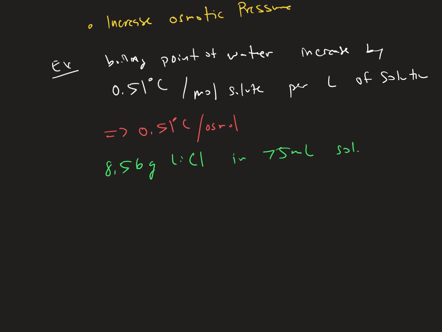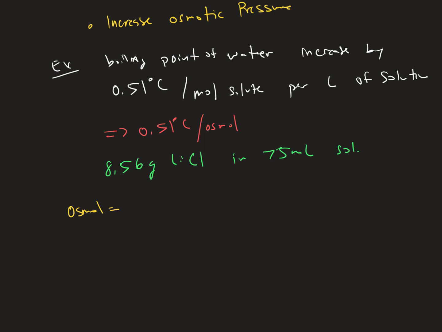So let's calculate the osmolarity first. 8.56 grams of lithium chloride in 75 milliliters of solution. How do we calculate osmolarity?